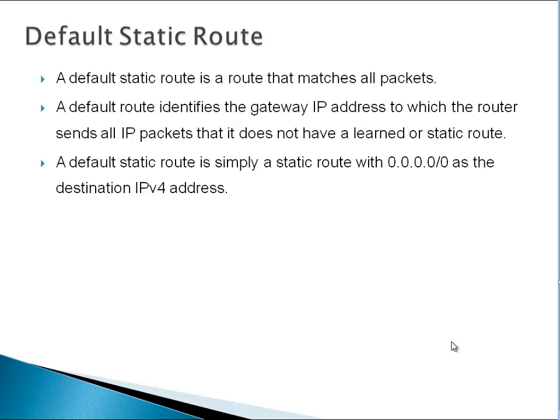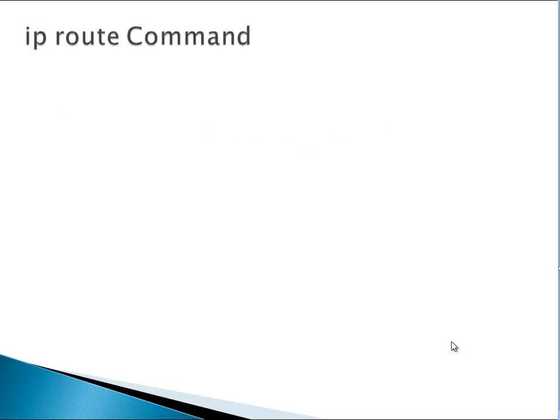So 0.0.0.0/0 means anywhere you want to go with any subnet mask, I'm going to send it to my default route. So IP route, we learned earlier, the global configuration commands all start with IP route, and we have 4 zeros here, 0.0.0.0. There is a small gap here, and then there's another 4 zeros.